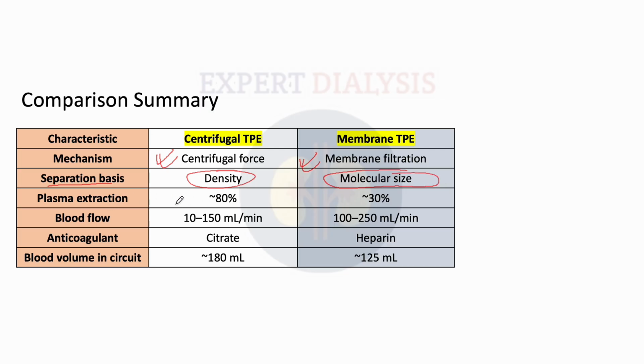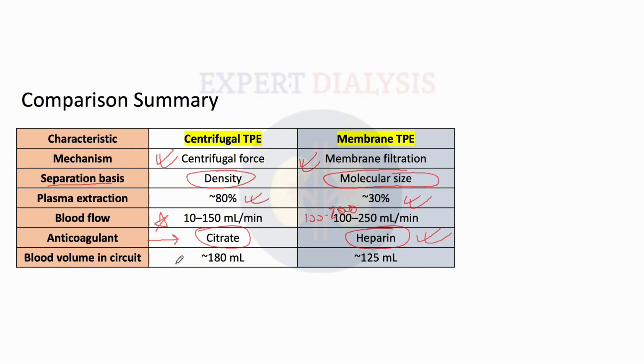The plasma extraction ratio gives around 80% in centrifugal and around 30% in membrane. Now blood flow rate: in centrifugal TP we generally require 10 to 150 ml per minute of blood flow, while in membrane TP we minimally require 100, with 250 as the upper range, but generally around 200 ml per minute. The anticoagulant employed in centrifugal is citrate, and in membrane TP we generally use heparin.